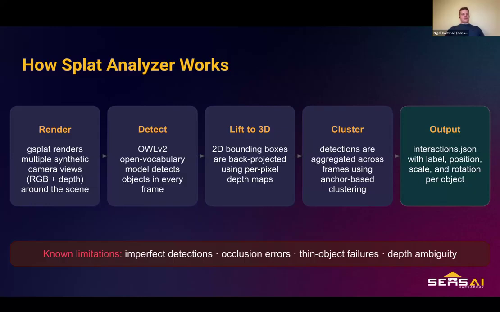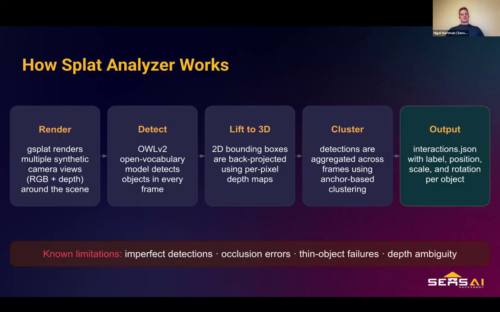And these rendered images of the cameras, including the depth maps which we get from them, we send into a detection step. In this detection step, we basically search for 2D bounding box detections.